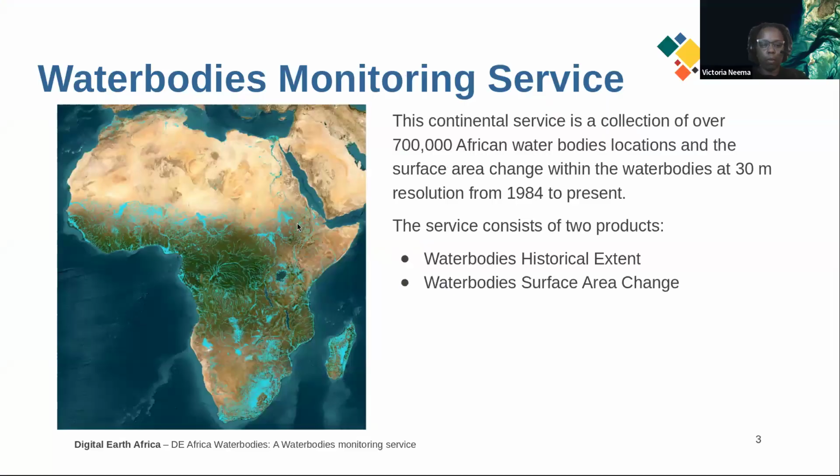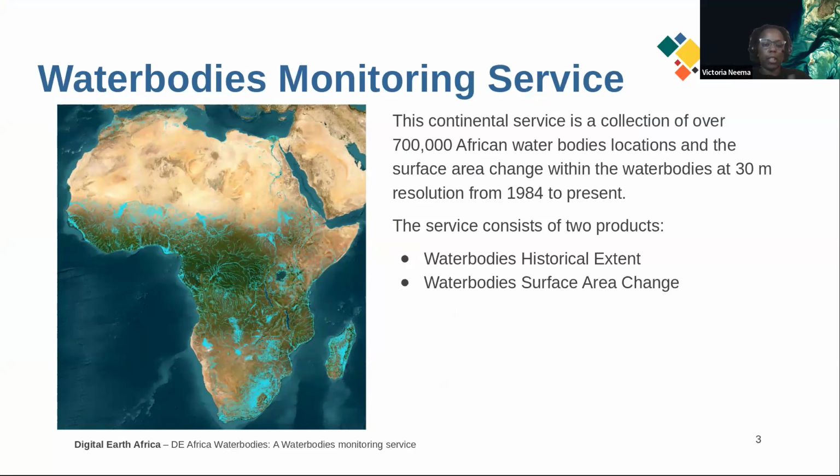Thank you so much. I was just starting off from where Mpho had done the introductions. Digital Earth Africa being a cloud-based open data cube deployment, we are able to scale our workflows, like she said, from local to continental, producing continental services like the water bodies monitoring services.